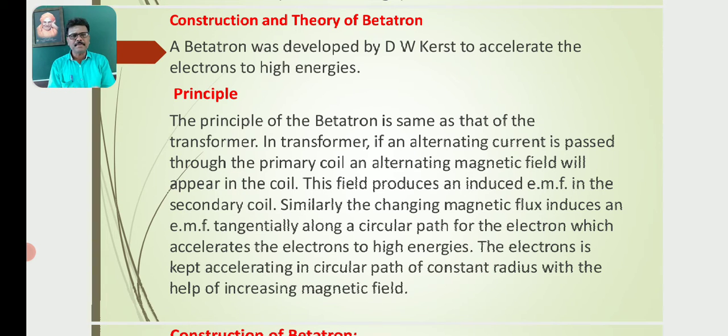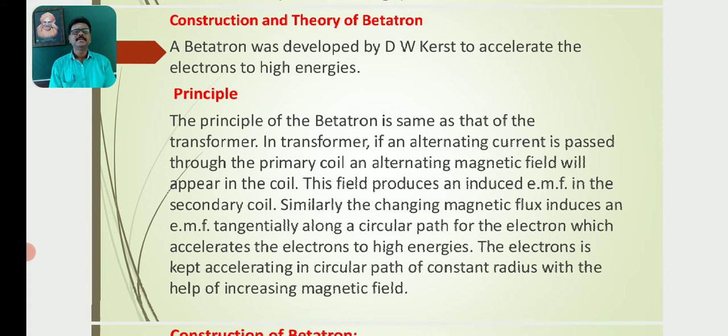So the magnetic flux linked with the secondary coil changes continuously and periodically because of the alternating current flowing through the primary coil, and an EMF is induced in the secondary coil, the so-called induced EMF.